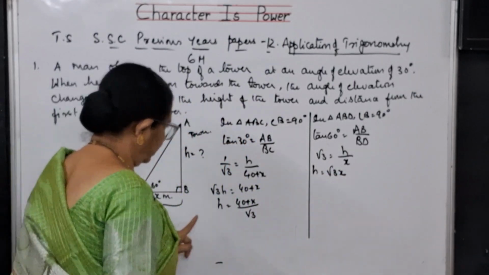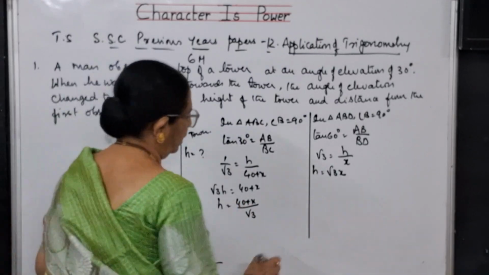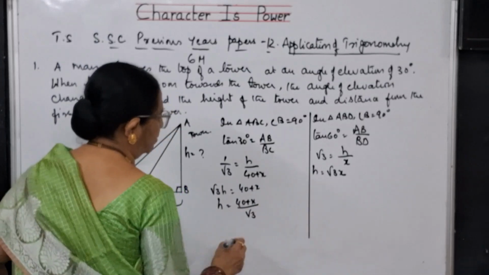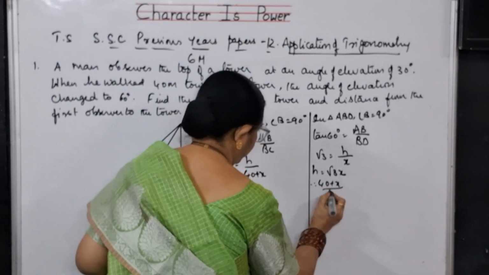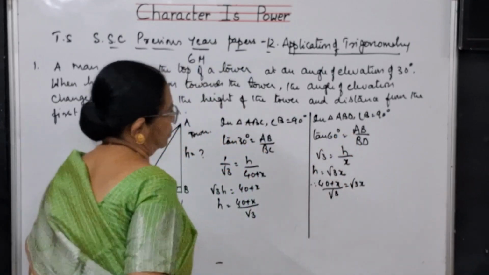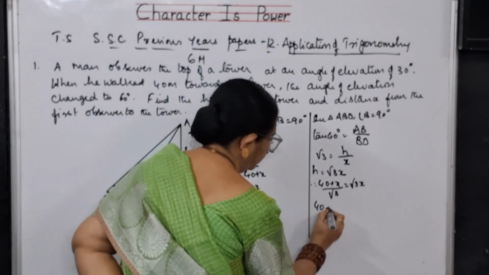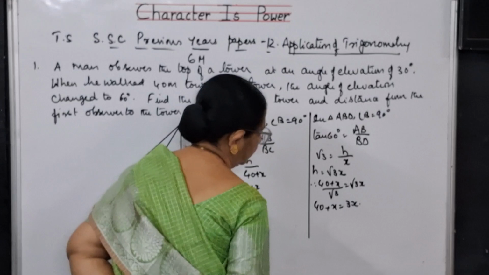So here h is 40 plus x by root 3. Here h is root 3x. Both of them LHS are same. Therefore, 40 plus x by root 3 is equal to root 3x. Now on cross multiplication, 40 plus x is root 3 into root 3, that is 3x.